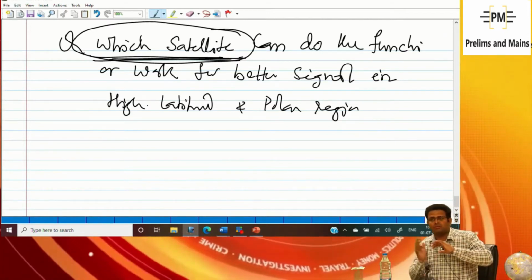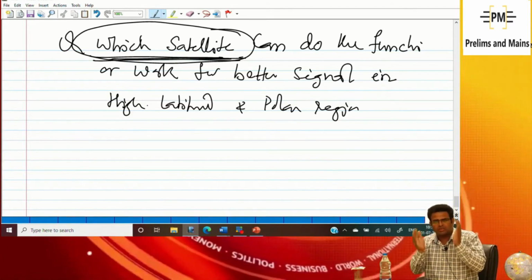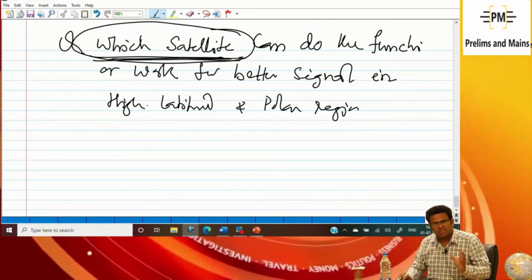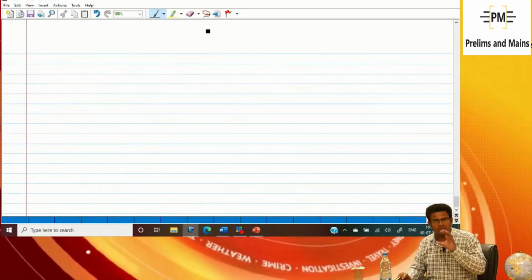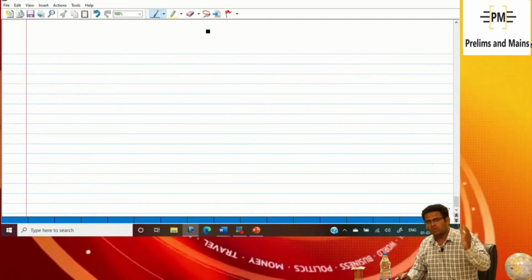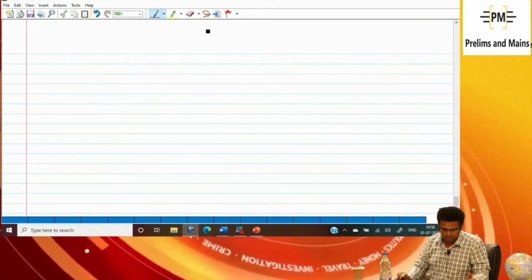They talk about this moving this way, that moving that way, and do not give the exact picture in the minds of the students so that they can understand. So it is very confusing. Let us see: geostationary works for low latitude, not for high latitude, and not for the polar region.